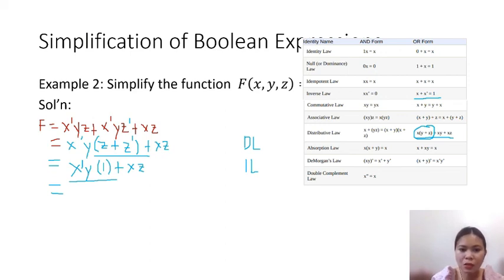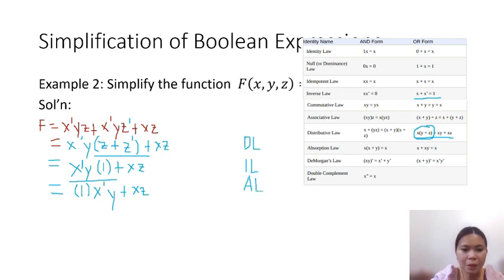So let's reverse it. I'm going to implement also commutative law. So it becomes 1 and then x, not x y plus x z. So here I use associative law. So let me write here AL.